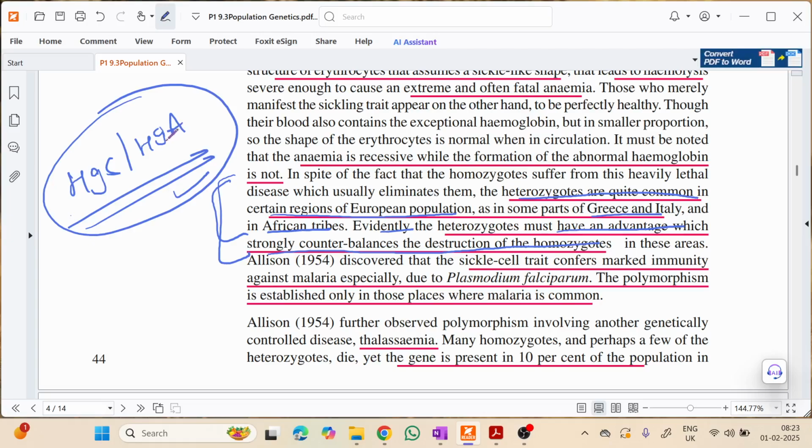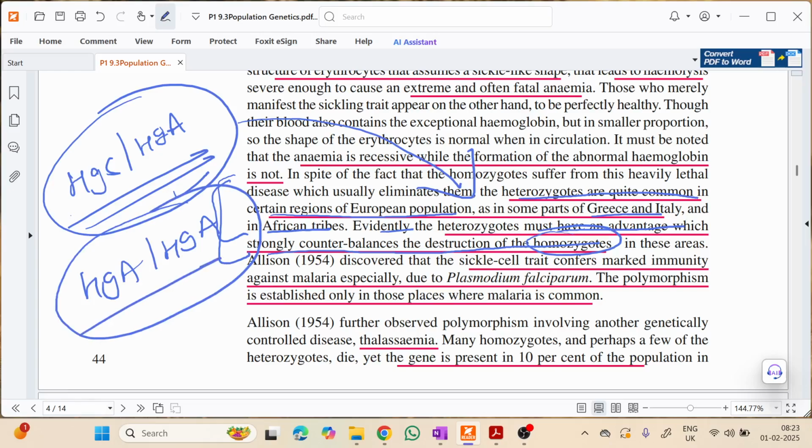So अगर अभी भी present है, then there must be a reason, और वो reason है that it has a certain survival advantage over the homozygotes, which are the individuals who hold both the genes as recessive.